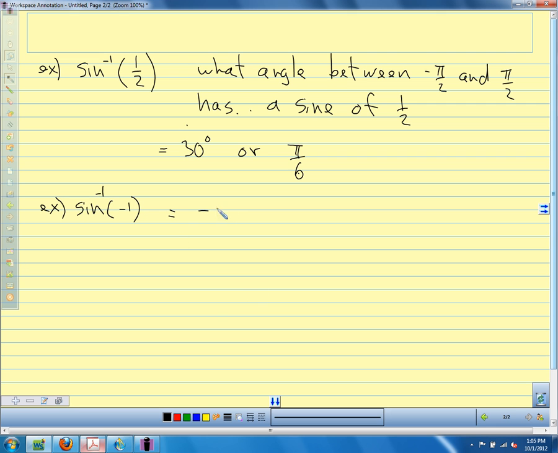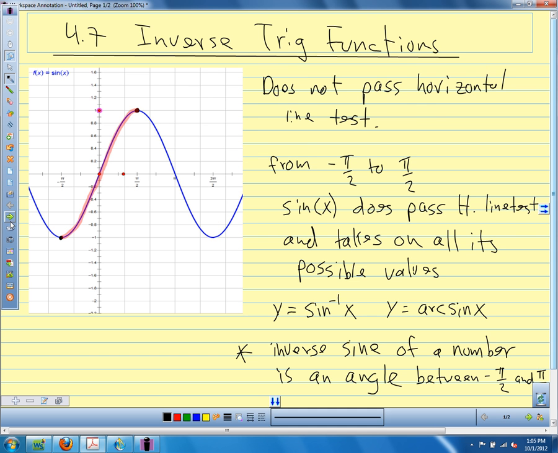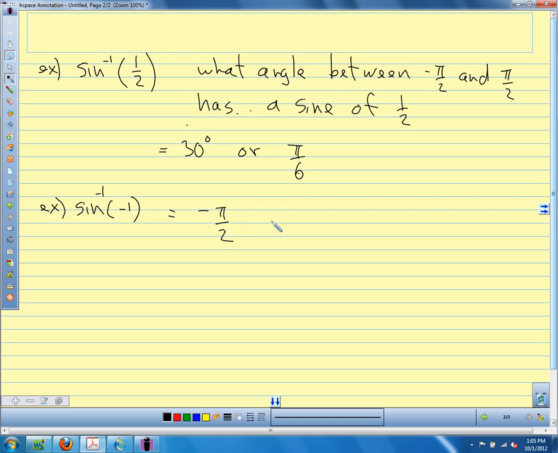So I look at my unit circle. The y value is -1 down here, and this is negative pi over 2. The other way we could write this is negative 90 degrees.